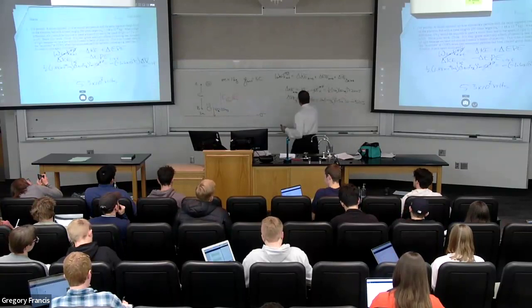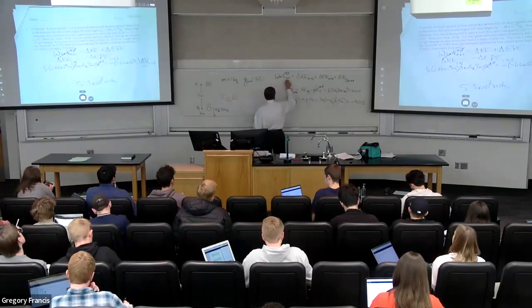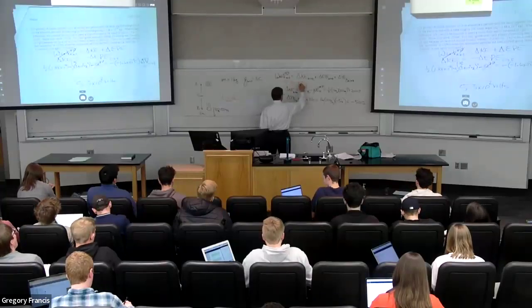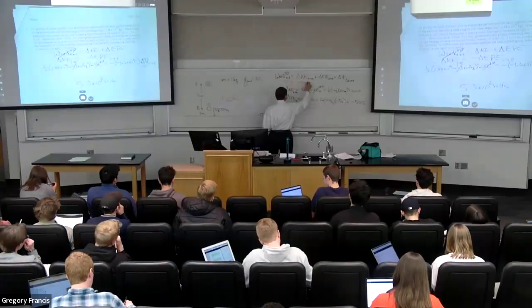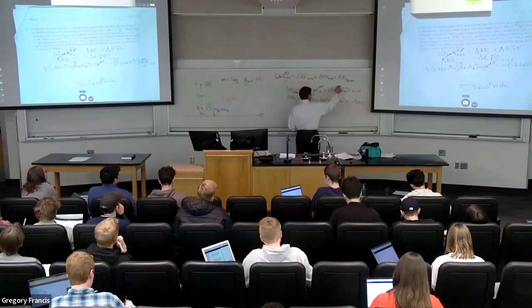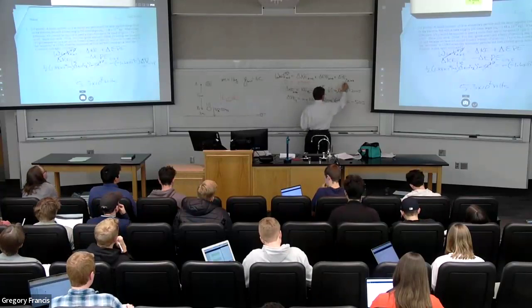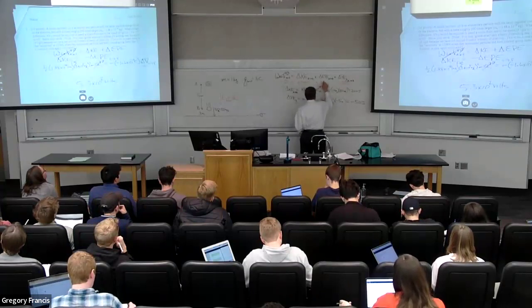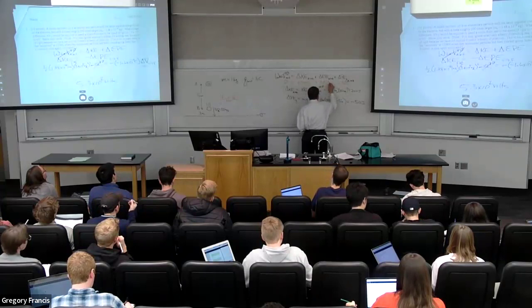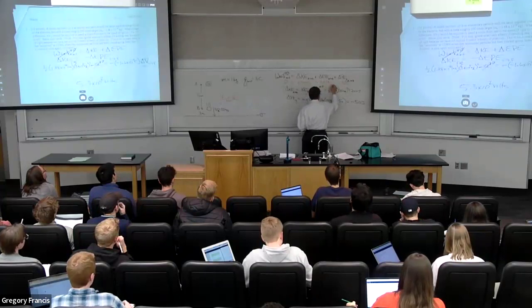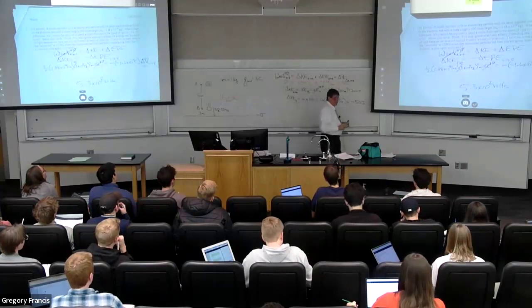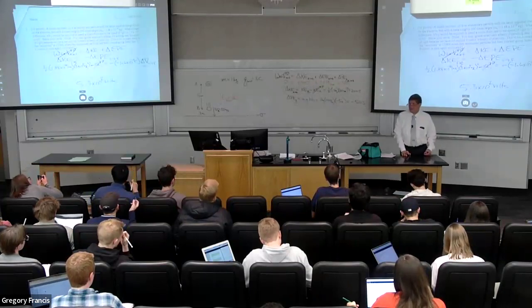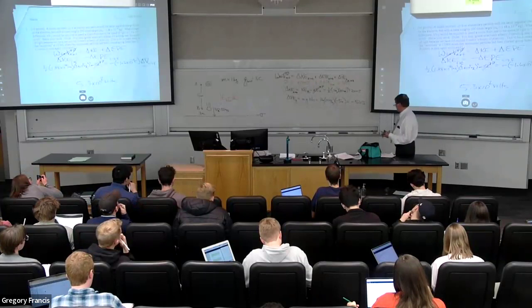So let's go up here. My work is 0. My change in kinetic energy is a plus 200. My change in gravitational energy is a minus 50. And the change in electric potential energy, A to B, has to make up the difference. That has to balance the checkbook, as it were, okay?